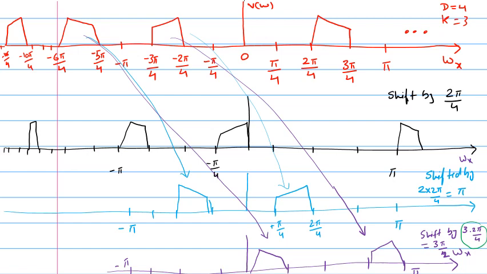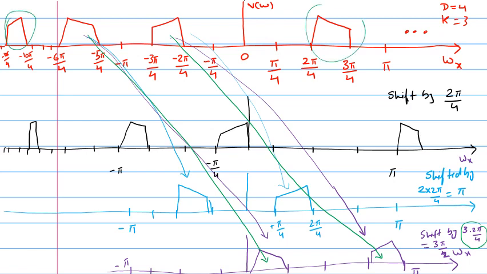You will be getting this spectrum, and for this you will be getting this one, and so on. However, this one will not come within the range of minus pi to pi, and neither will this one. We need not worry about that, since we are just looking at minus pi to pi.